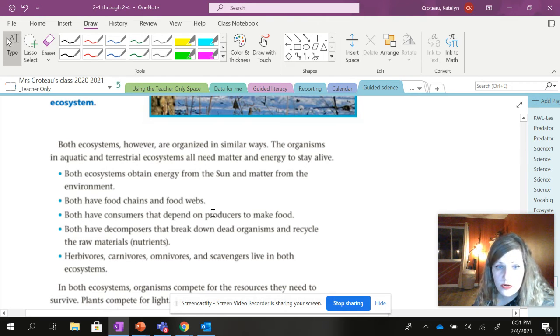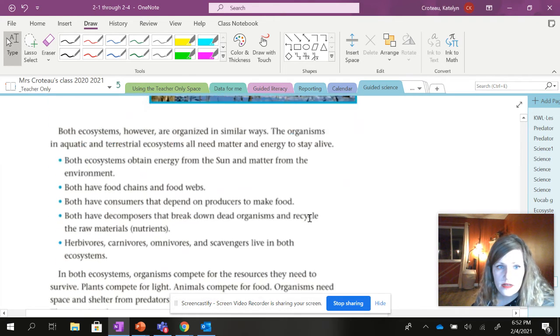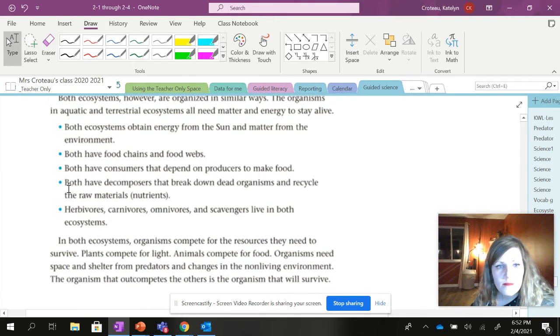Both have consumers that depend on producers to make food, just like the fox is a consumer of mice. Both have decomposers that break down dead organisms and recycle raw materials or nutrients.